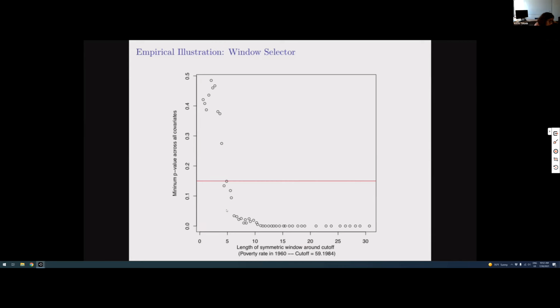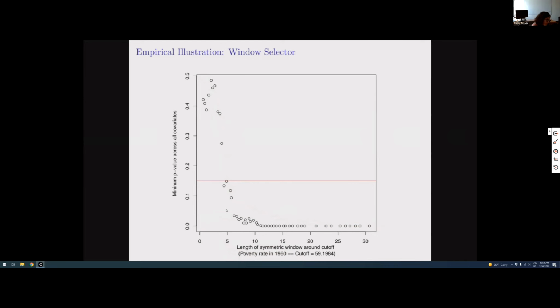And then as you increase the size of the window, as you move to the right, those p-values start to decrease. They're not exactly monotonic. Sometimes they go up and down, but there's a trend, right? That as you increase the length of the window, this covariate balance gets worse and worse, as you would expect, because the outcome and the score are very correlated, and this covariate is very correlated with the outcomes.